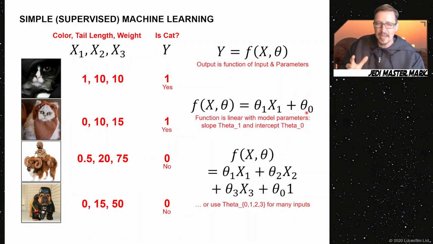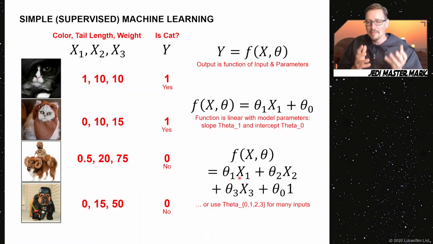So it's more like a baseline value there. And now if we want to do this for 3 different inputs, we're going to have a slope term or a model parameter acting on, and when I say acting on, I mean multiplied by each of these inputs, x1, x2, x3, and we're still going to have this theta naught term, which is really an intercept term, a baseline term.